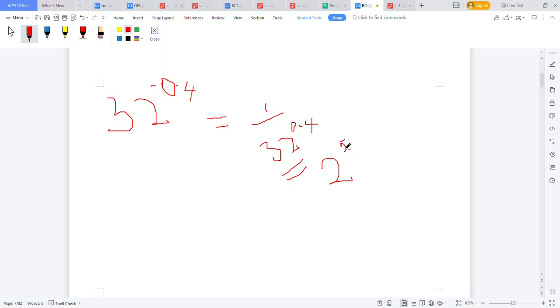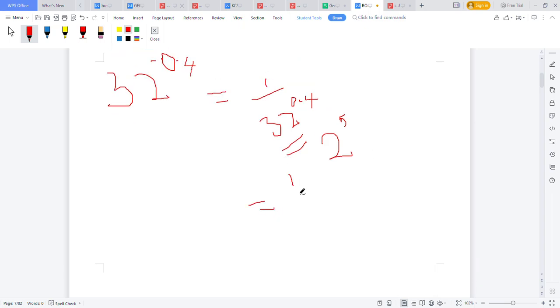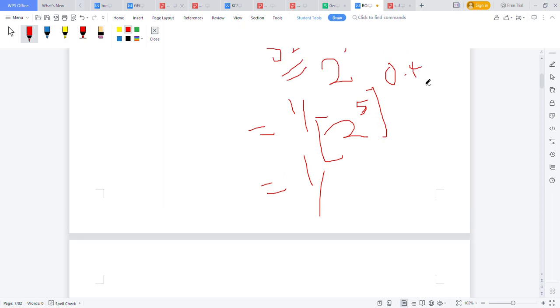So this is the same as 1 over 2 raised to power 5, and all of this is raised to 0.4. From the law, we multiply the powers. So we are going to have 1 over 2, then 5 times 0.4.